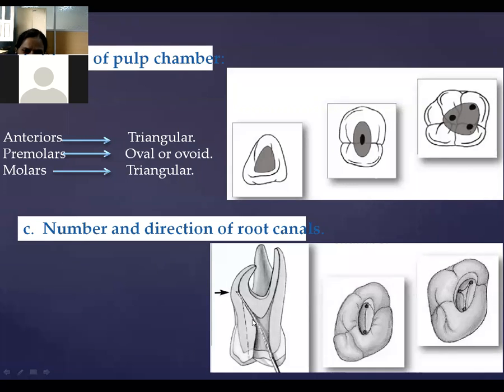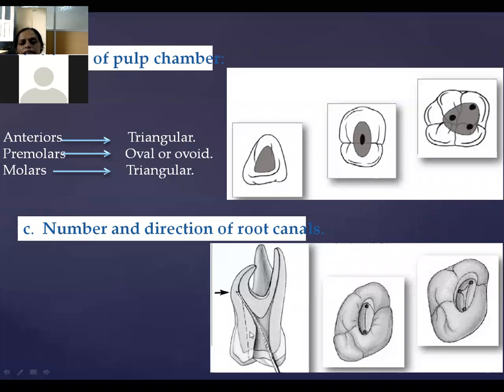The instrument is not getting proper access to the apical foramen, and that's why this instrument, instead of going here, is going on the lateral aspects of the canal, and this is going to create a complication. Am I clear? So what I am telling you is, in the pulp chamber area, the instrument should be straight.